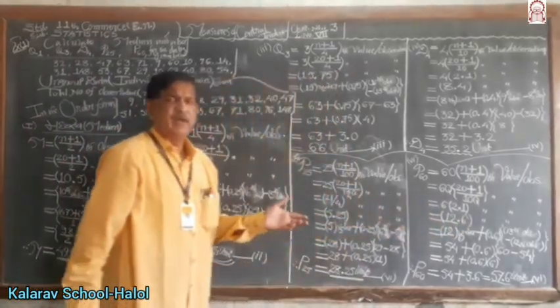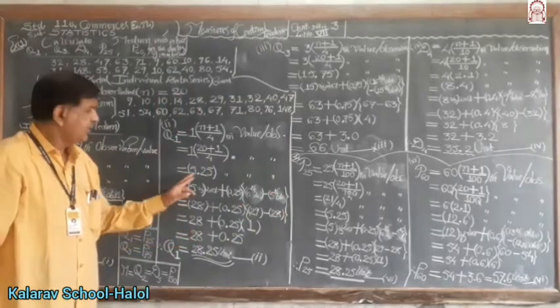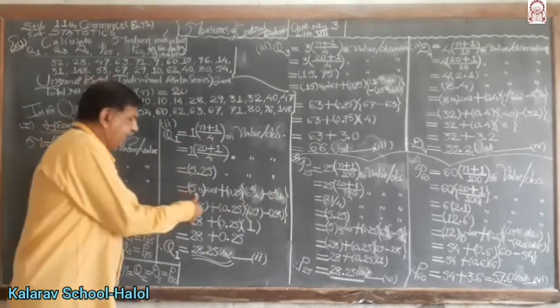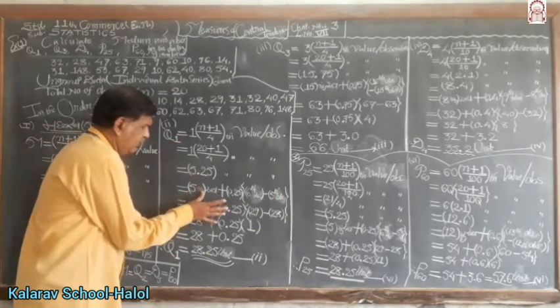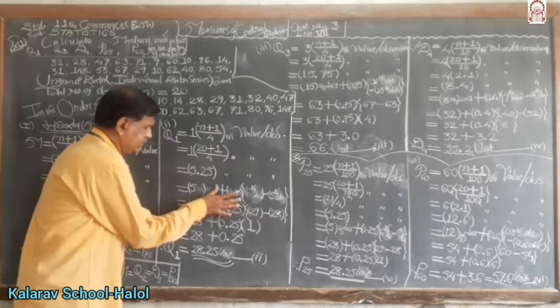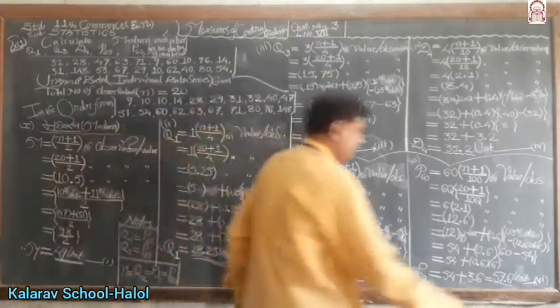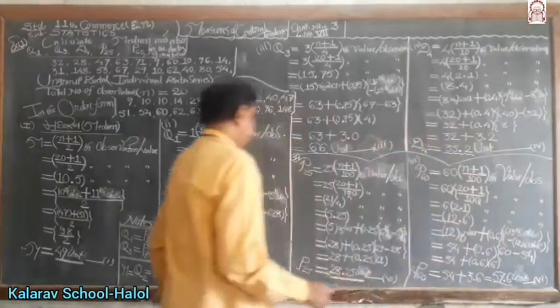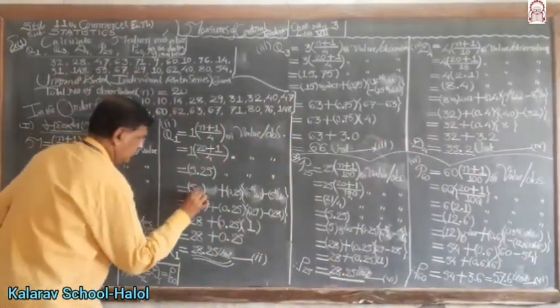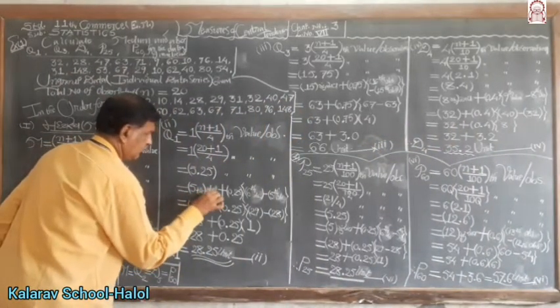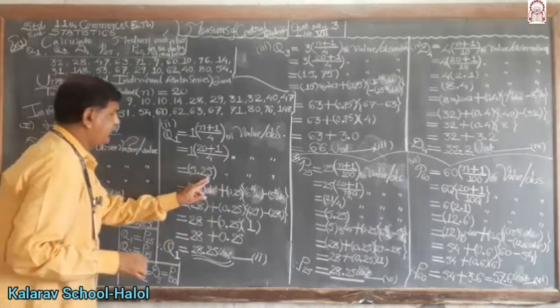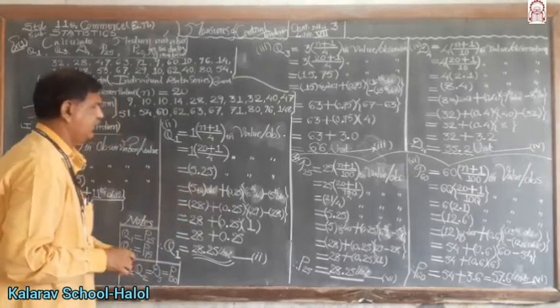The integer part, the complete part is 5. Therefore, fifth observation. Plus fractional part 0.25.